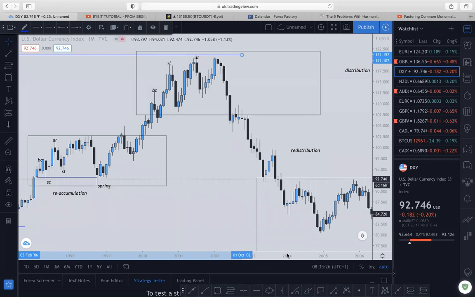In distribution schematic 2, there is always a UT being the last point of interest. So the UT forms and immediately price drops. So if you look at a distribution that does not have a UTAD, that does not necessarily mean it's not a distribution. It is a second distribution schematic that creates only a UT, and from the upthrust, price had to drop.